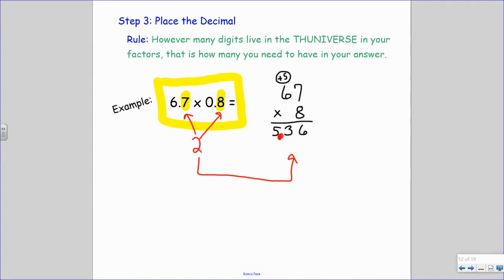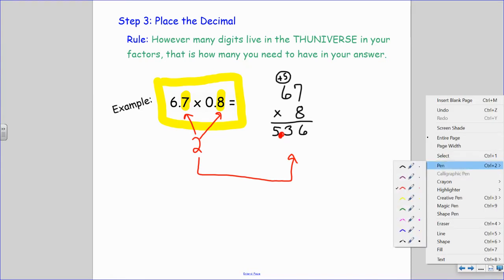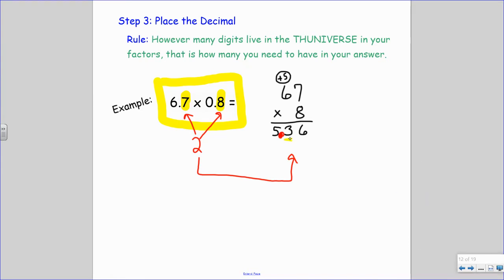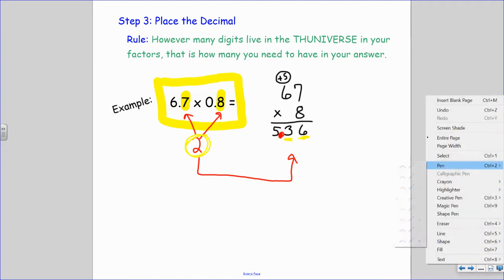But if I move it here, you can see that this gives me the 2 digits I'm looking for. I have the 3 and I have the 6. So I have the 2 digits that I need. So the correct answer, guys, is 5 and 36 hundredths.